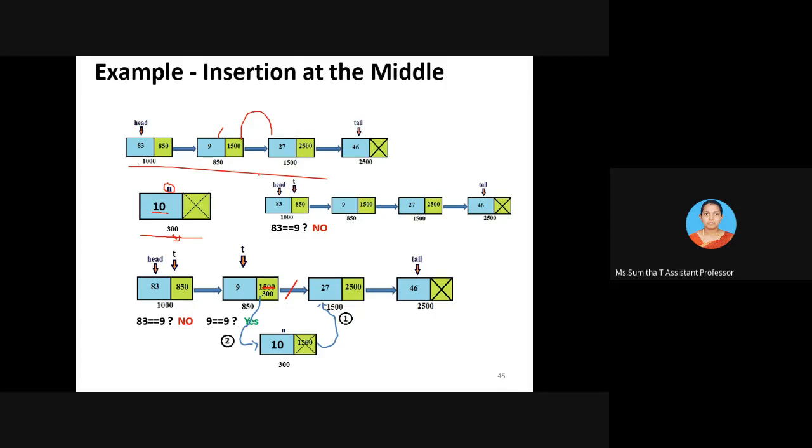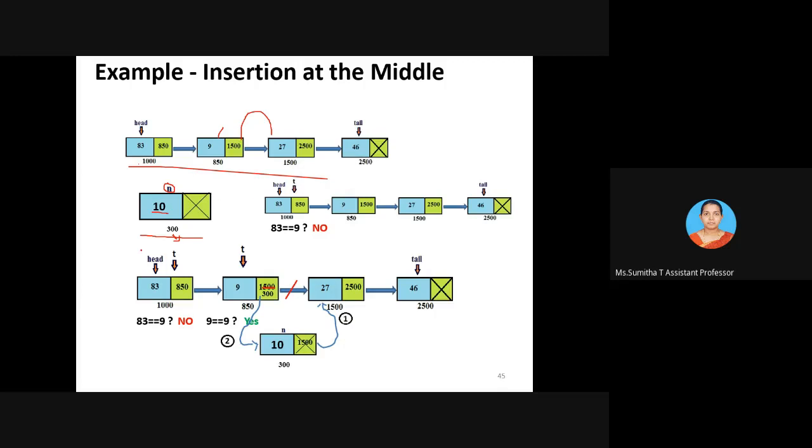So I need to find the node having the element 9. Once I find that node, then I insert. This is the procedure.